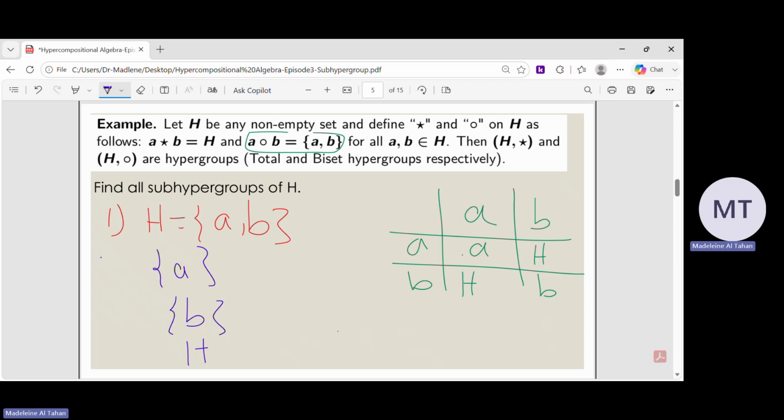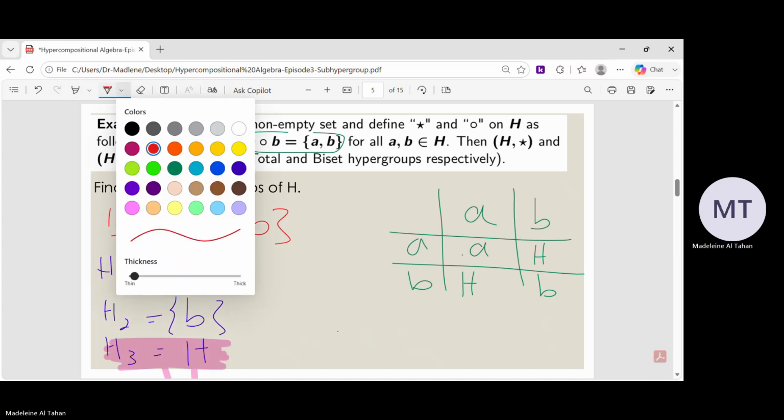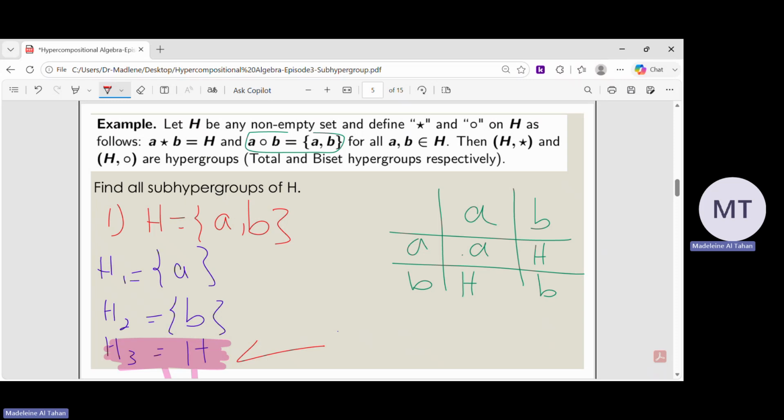So we'll check whether H1 is a subhypergroup, H2 is a subhypergroup, and H3 whether it's a subhypergroup or not. Now, H3 is equal to H, which is the hypergroup itself. So this one is a subhypergroup.